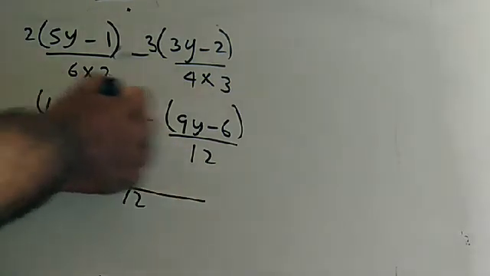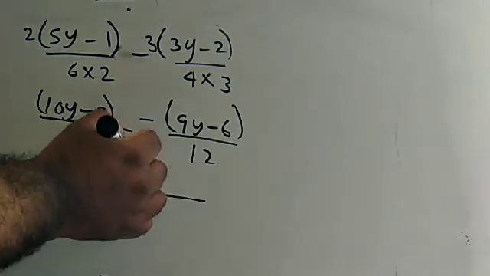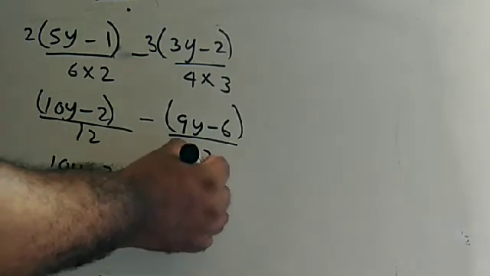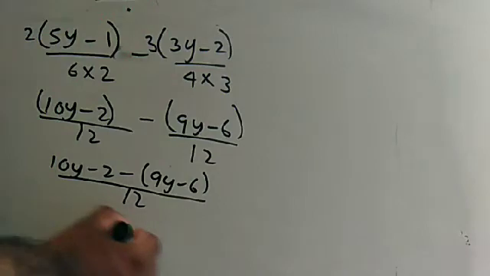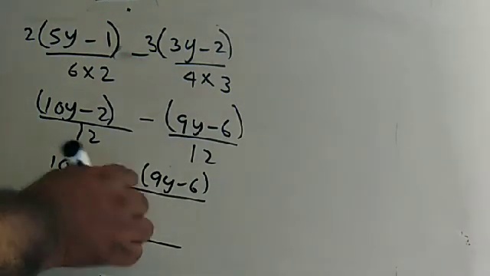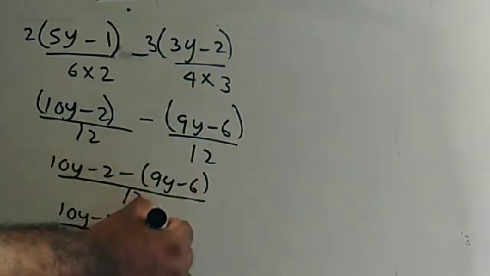Now you can subtract this: 10y minus 2 minus, here, 9y minus 6, right? Here brackets are there. Then 12 common is 12. Then 10y minus 2 minus 9y plus 6.